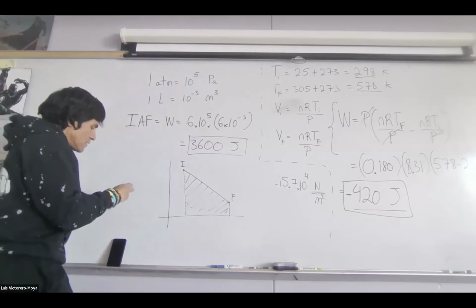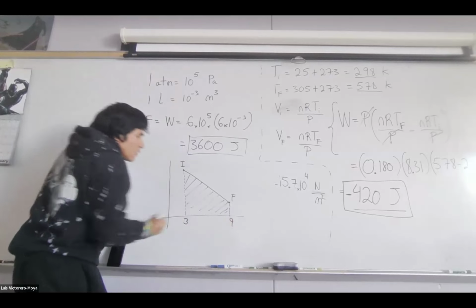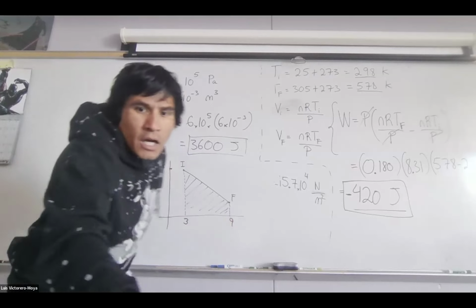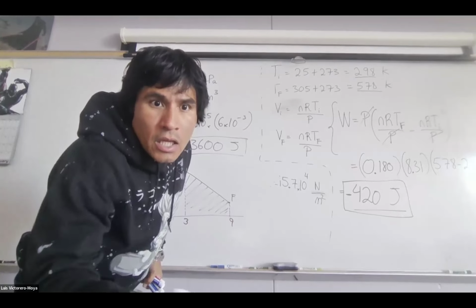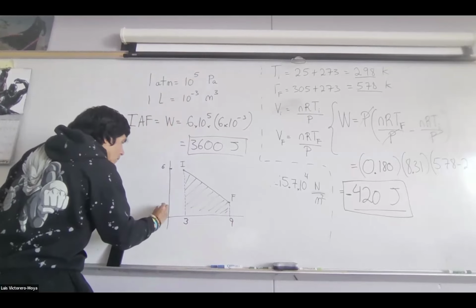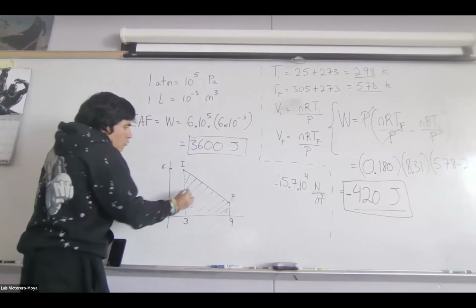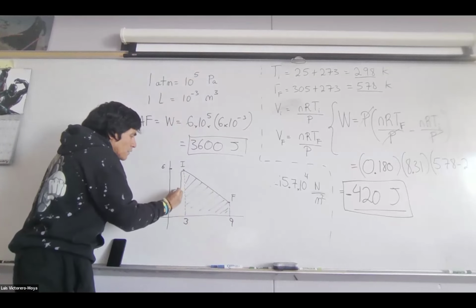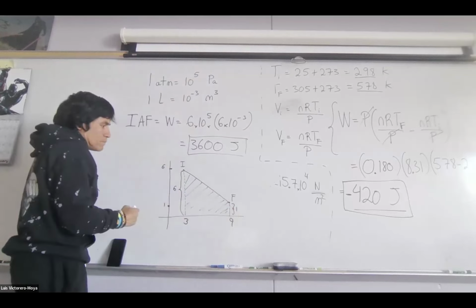Right? The points are still the same. From 3 to 9 liters. And this is from 6 atmospheres. And the F is at 1 atmosphere. Right? That's it. So for a trapezoid, right, the area is 6 plus 1.